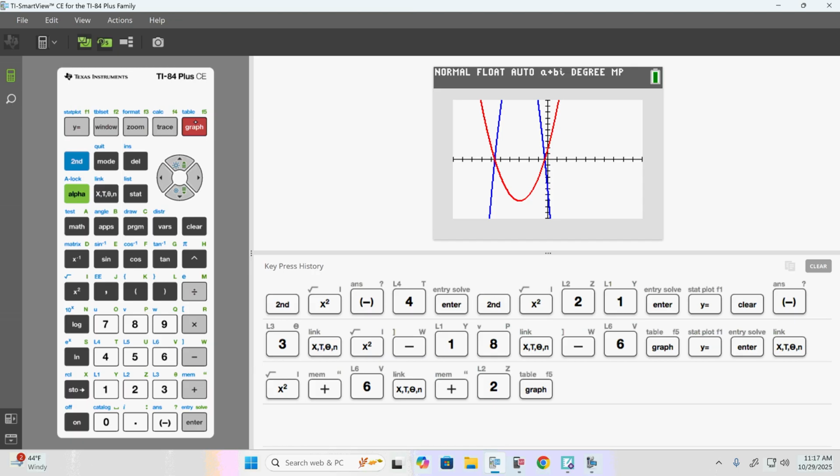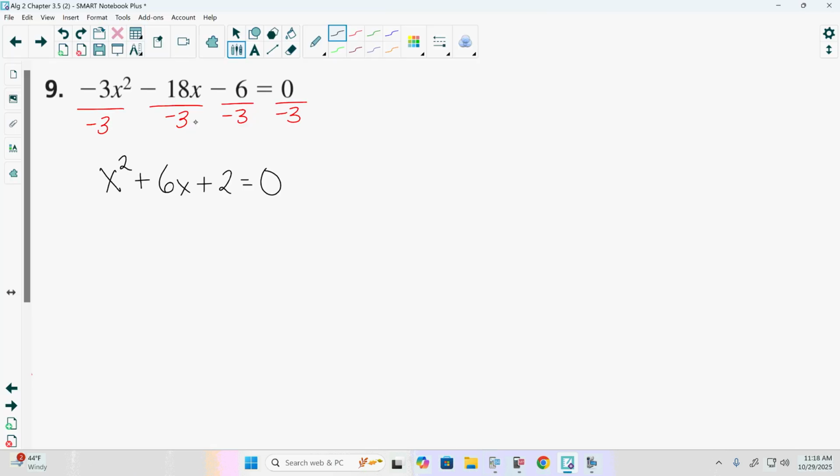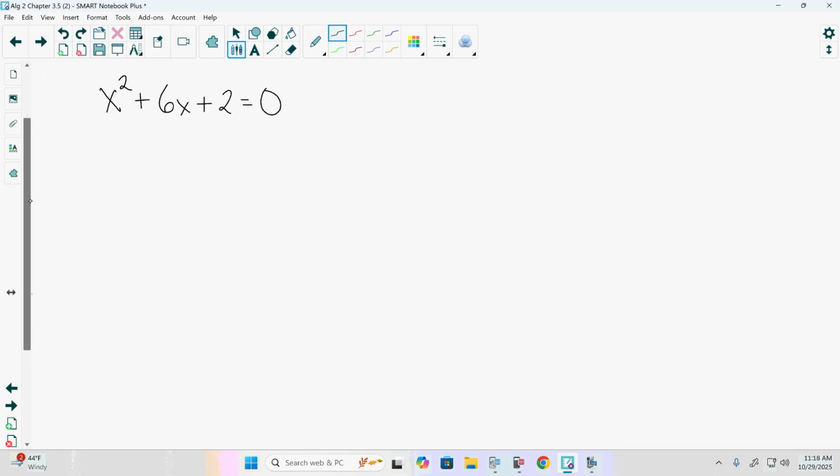They're both still crossing at that same spot on the x-axis, which means those 2 points are still the same, yes? And when we solve it, we're trying to find the values of x that will make the function be 0. We want to find the points where it crosses the x-axis. So even though dividing by negative 3 changed every other point but where it crosses the x-axis, that's fine, because that's what we're trying to find.